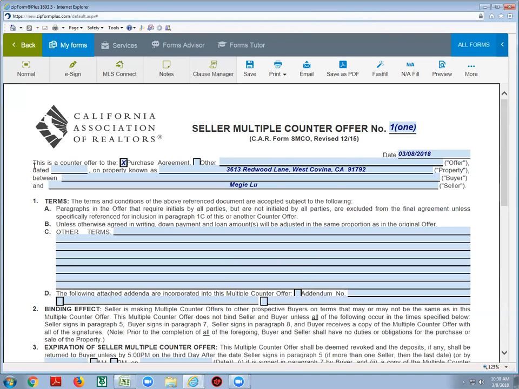The dated one is the purchase agreement date. It's not you receiving the offer. You look at the purchase agreement the buyer's agent submitted, and you look at the date on the top of it. That's the date, so you know the date on that purchase agreement. It's not the seller signing day or the buyer signing day. It's the agent's preparing date on the purchase agreement.